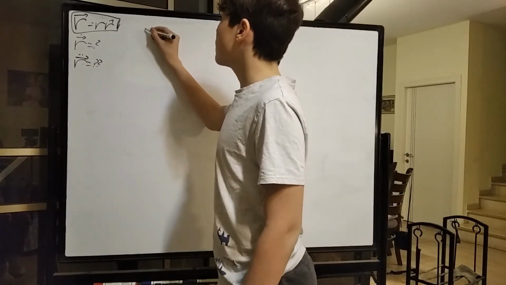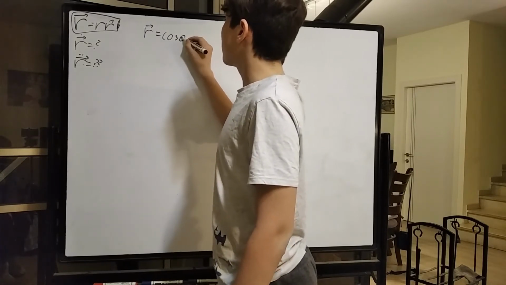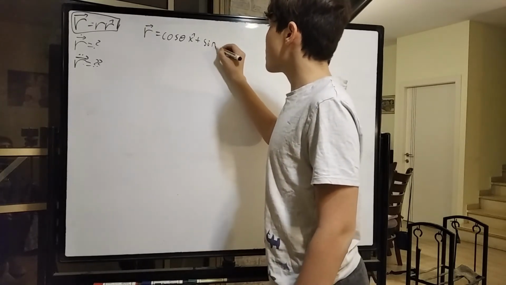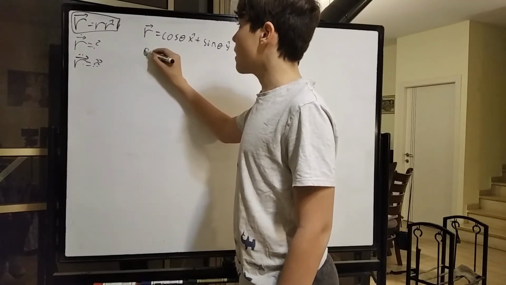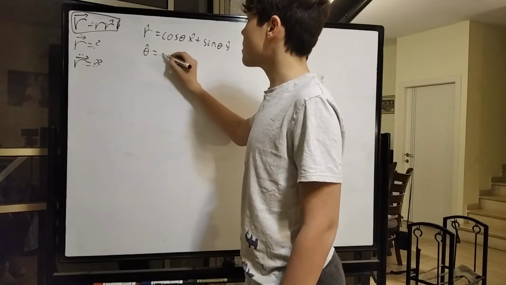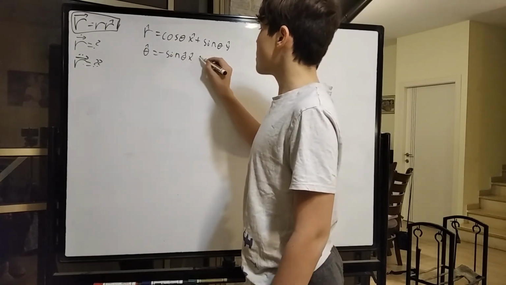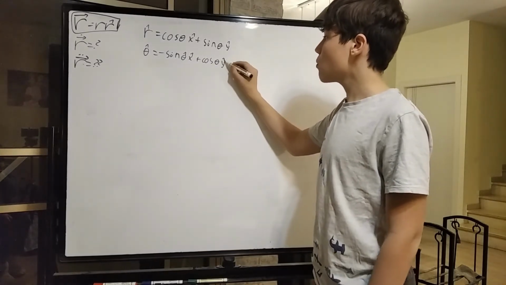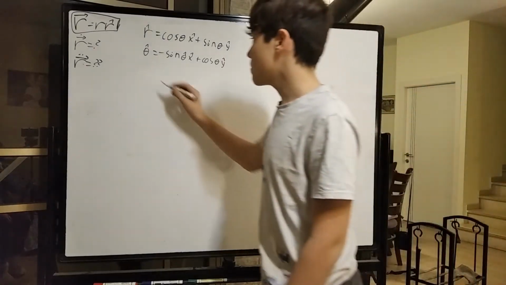So let's recall that our vector r hat is cosine theta x hat plus sine theta y hat. This is r hat, and theta hat is negative sine theta x hat plus cosine theta y hat. So now let's talk about the derivative of each one of these.